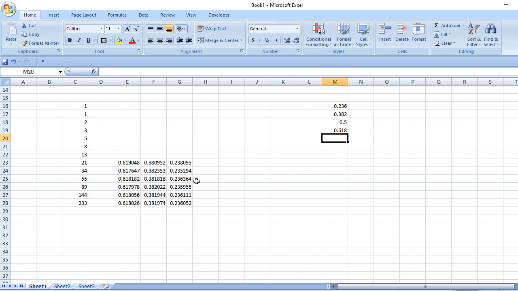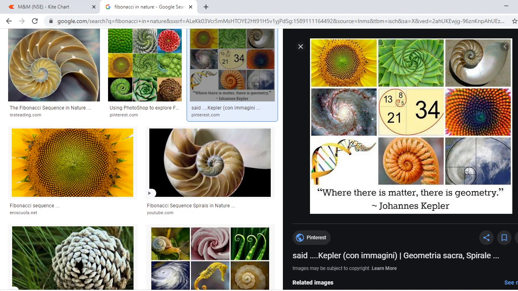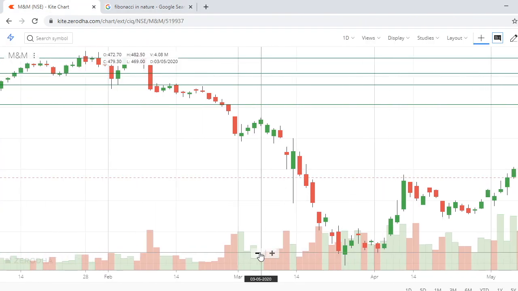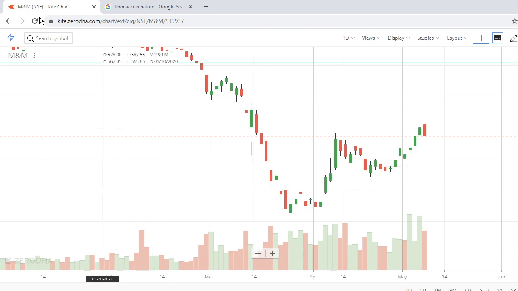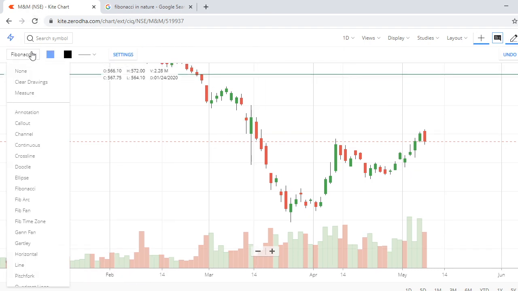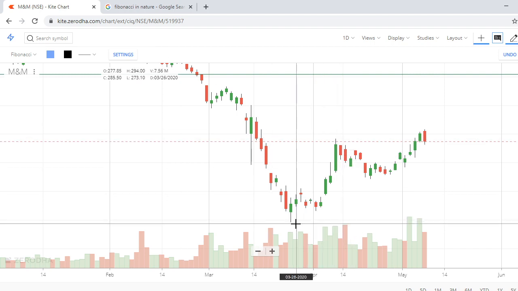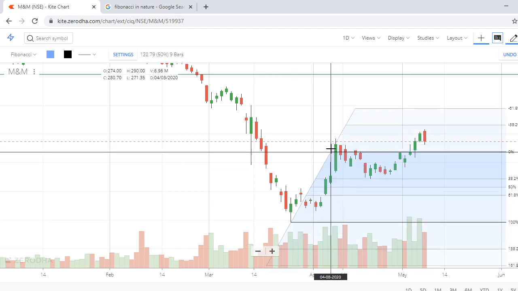If you come back to the stock market and check it, see, I'll show you. Let's suppose I try to add the Fibonacci numbers here. Okay, go to the drawing, take Fibonacci. Yes, perfect. Draw these levels. Okay, this is the low, this is the high.